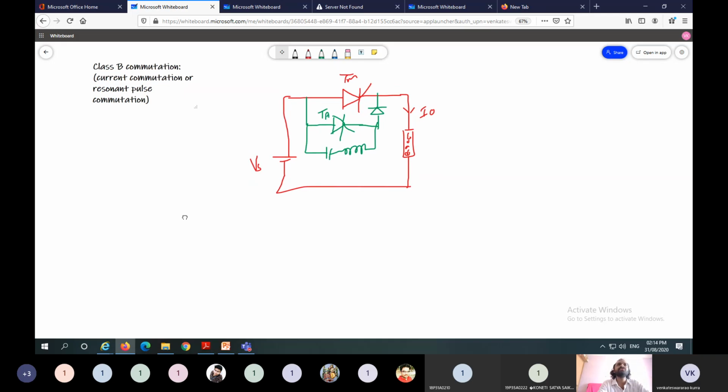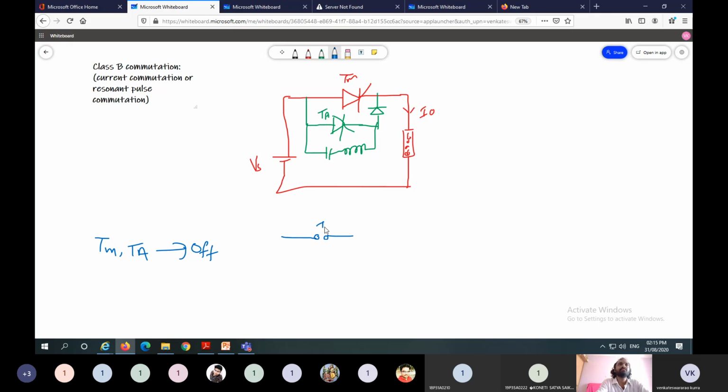Initially assume both SCRs are in off state, TM and TA both off. Then the equivalent circuit is like this.